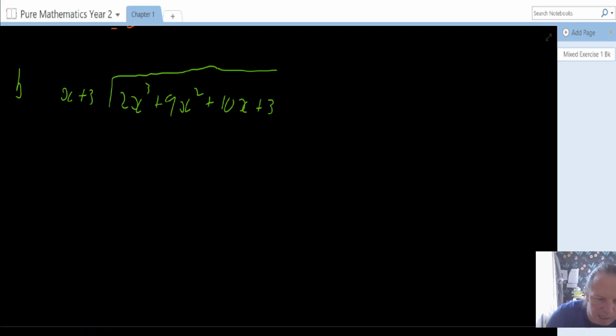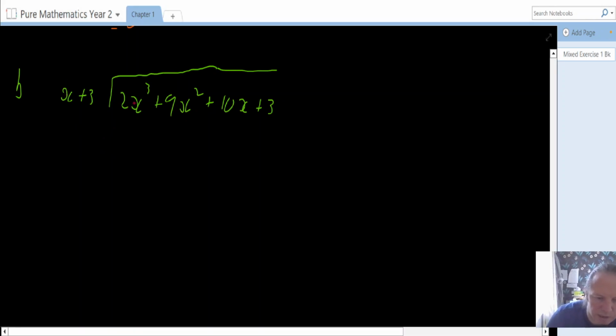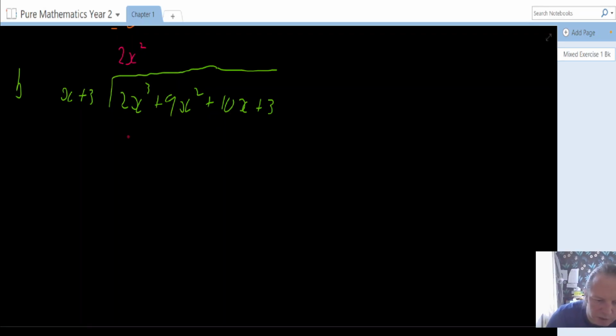So how many x's go into 2x cubed? Well, that would be 2x squared. Multiplying it down here, 2x cubed plus 6x squared. Change the signs and we get a 0, 3x squared plus 10x, bringing that one down. How many x's into 3x squared?